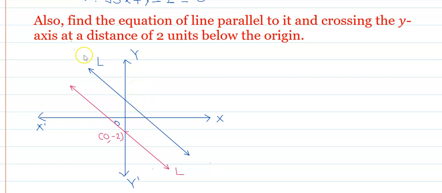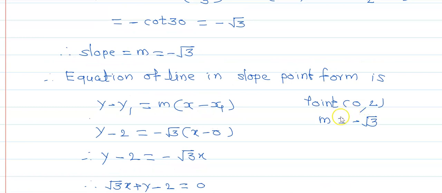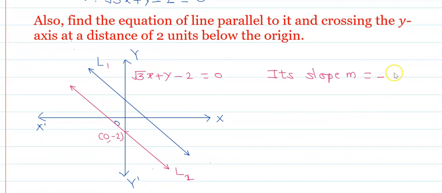Okay, suppose that this is the line L1 and this is the L2. The equation of the line L1 is root 3x plus y minus 2 is equal to 0. Its slope m is equal to minus root 3.